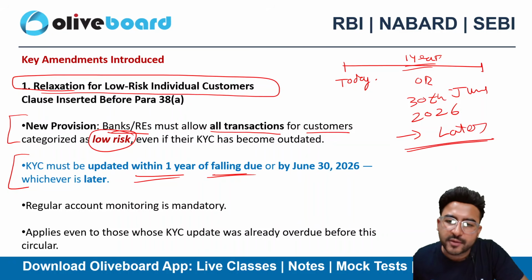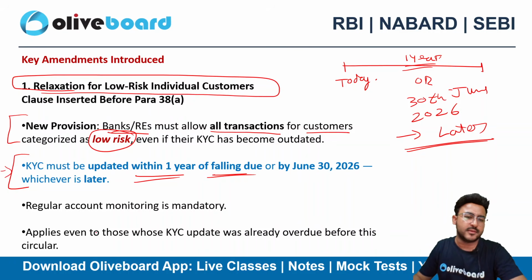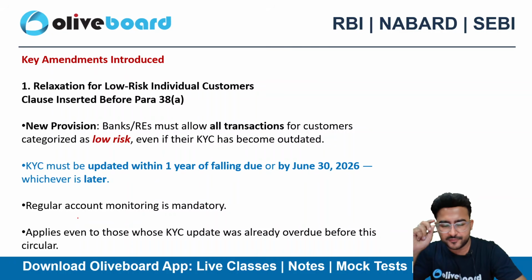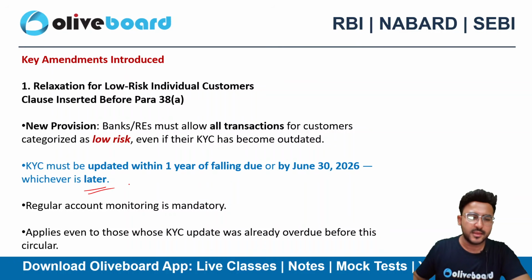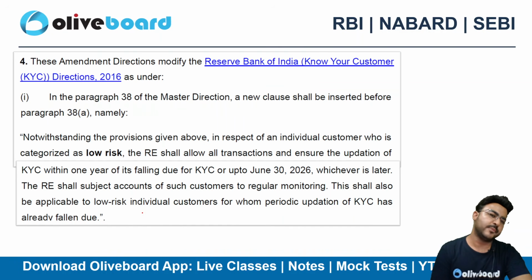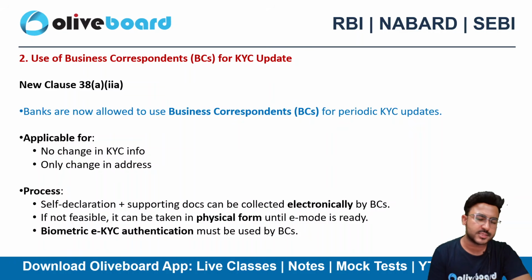I need to do KYC by that date. So that's a kind of benefit that RBI has given me. That's a relaxed KYC update. If I'm a low risk customer, I can get my KYC updated within 1 year of falling due, or by 30th June 2026, whichever is later, right? However, regularly my account will be monitored here and I need to do the KYC, right? So that's what is written in this particular circular.